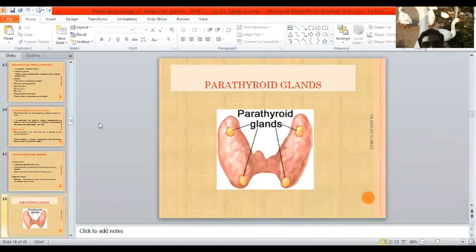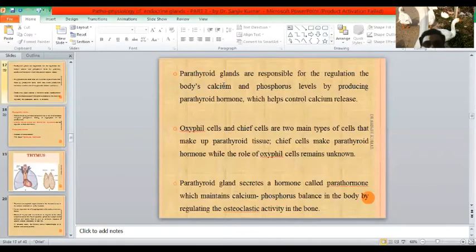However, moving to the next gland, this is the parathyroid gland. So they are four in number. They are very minute glands on the dorsal side of the thyroid gland. The secretion of the parathyroid gland is called parathormone, and the parathormone is responsible for regulation of the body calcium ion.